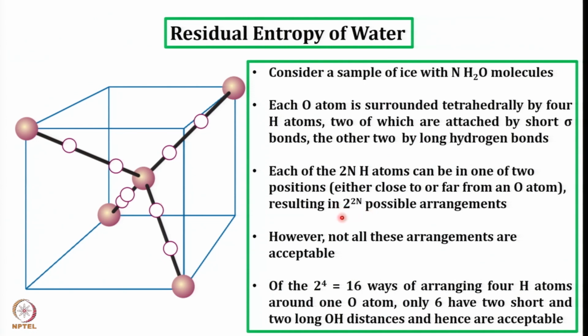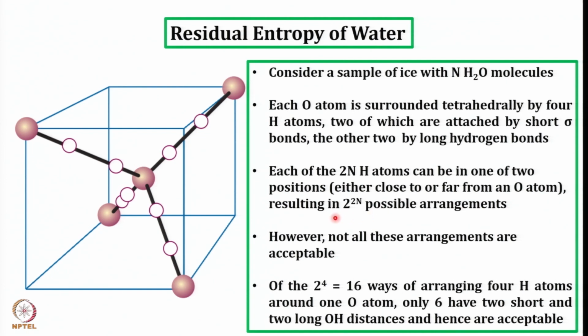Not all 2 raised to the power 2n arrangements are acceptable, because all the bonds around oxygen cannot be of one type. It has to be mixed, 2 covalent and 2 hydrogen bonding.